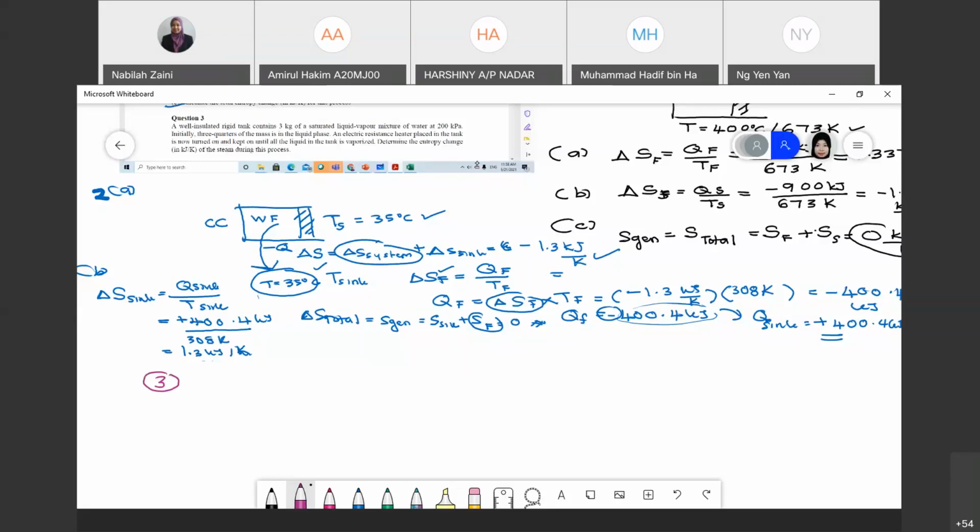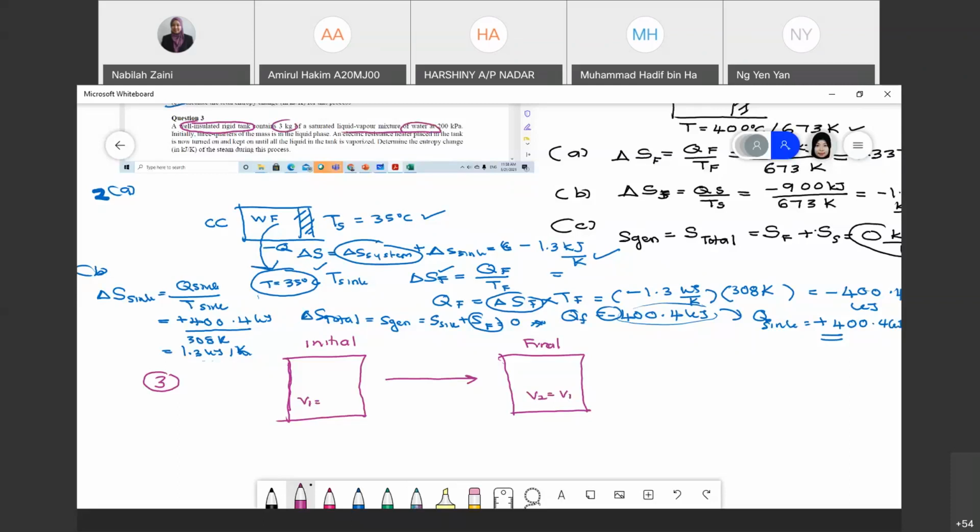So it is easier for me to draw a schematic diagram that states the initial and final condition. A well-insulated rigid tank means V1 is equal to V2.